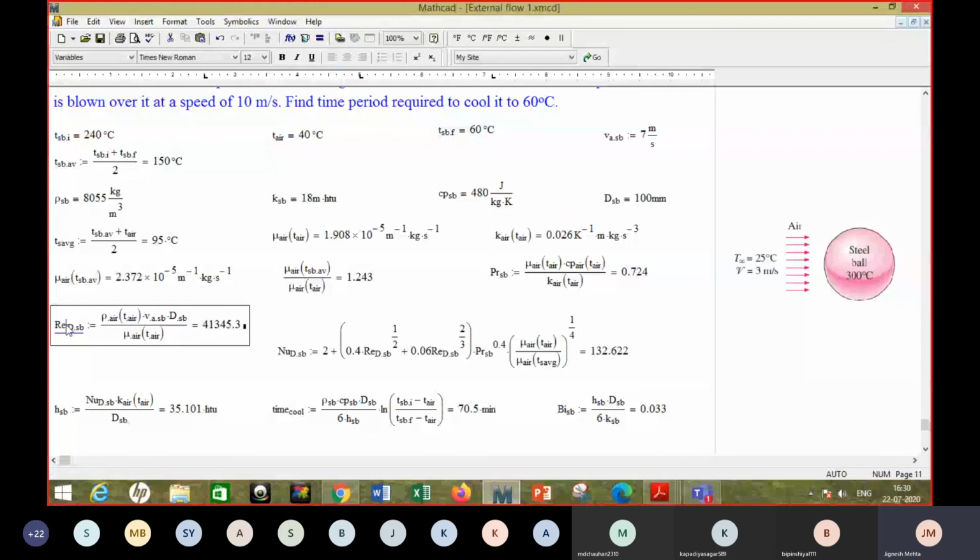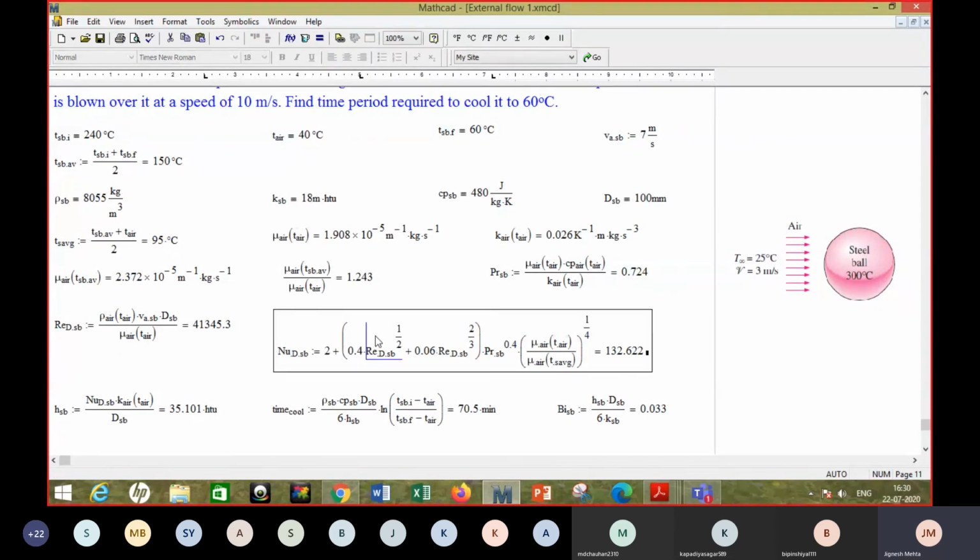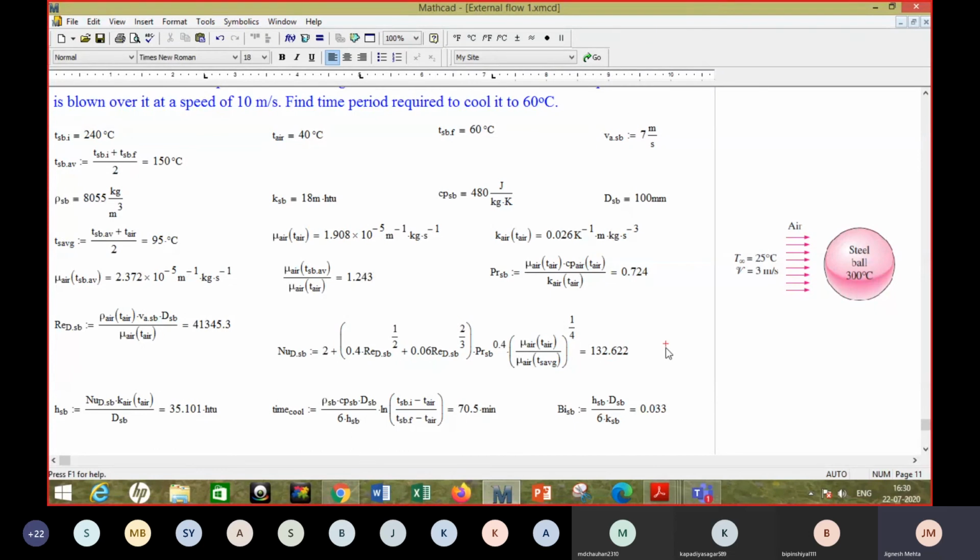The Reynolds number is again evaluated at 40 degrees Celsius, so that is 41.345 that you got. Now you use this correlation, and you got 132.622.